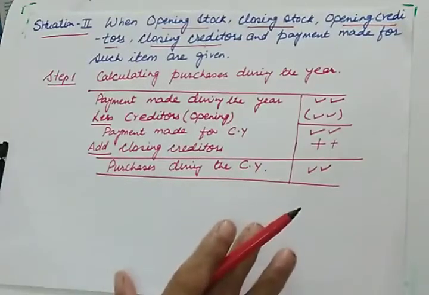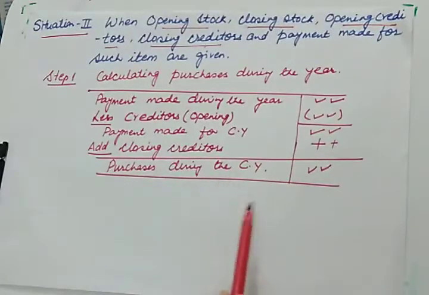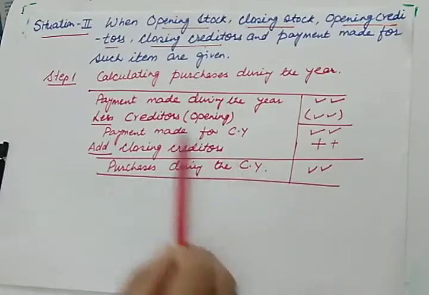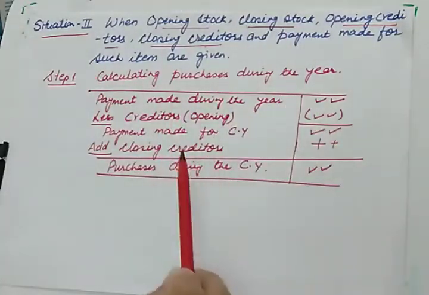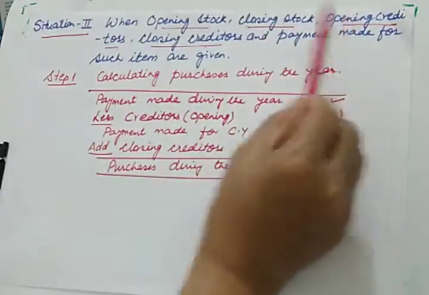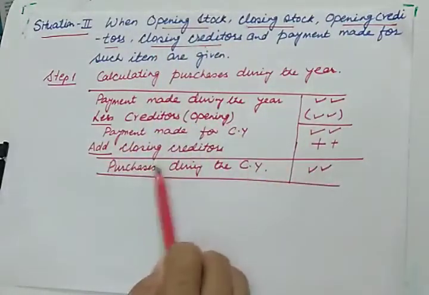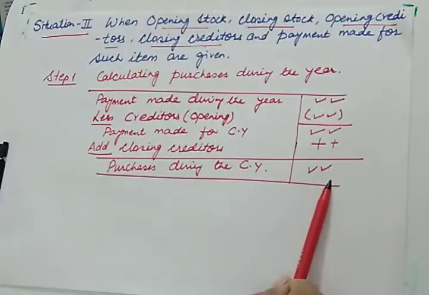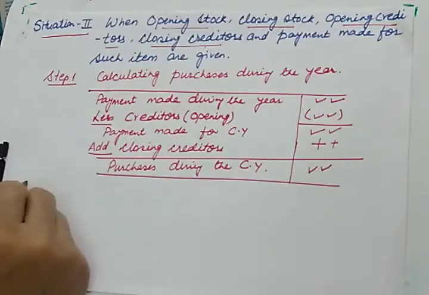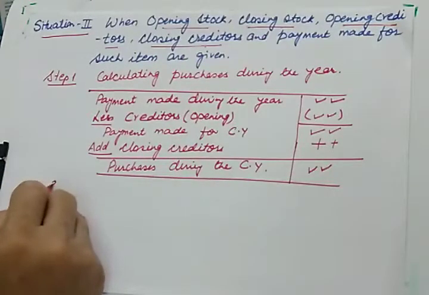In situation 1 also only 3 details were given to us. Now in situation 2, we converted these into 3 details. So with the help of opening creditors and closing creditors, we calculated purchases during the year, and then we'll move to step 2.